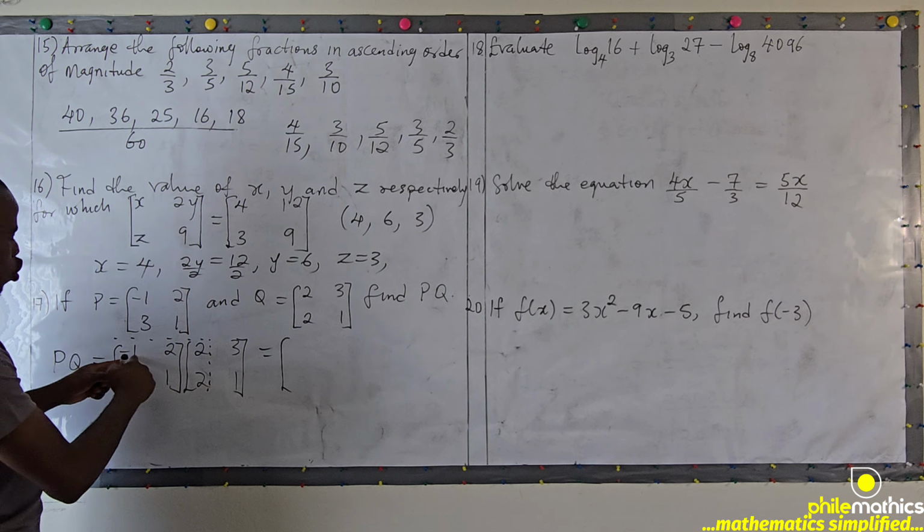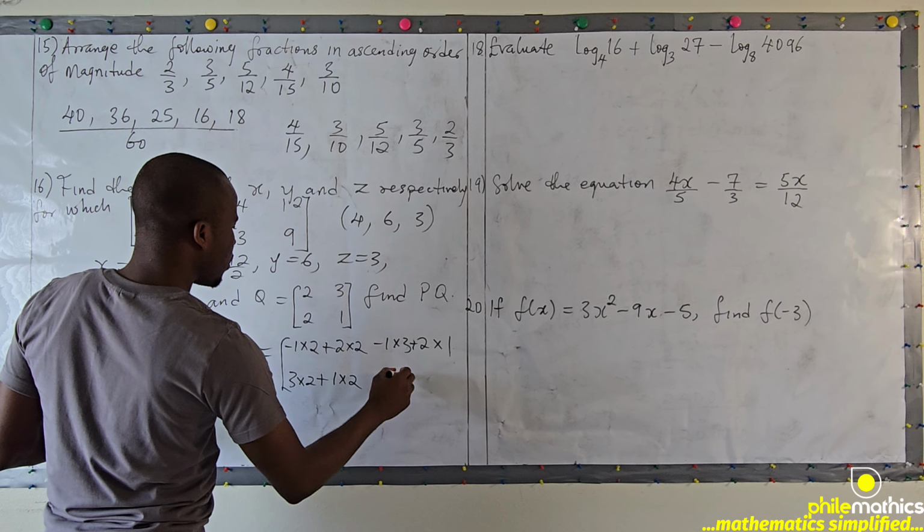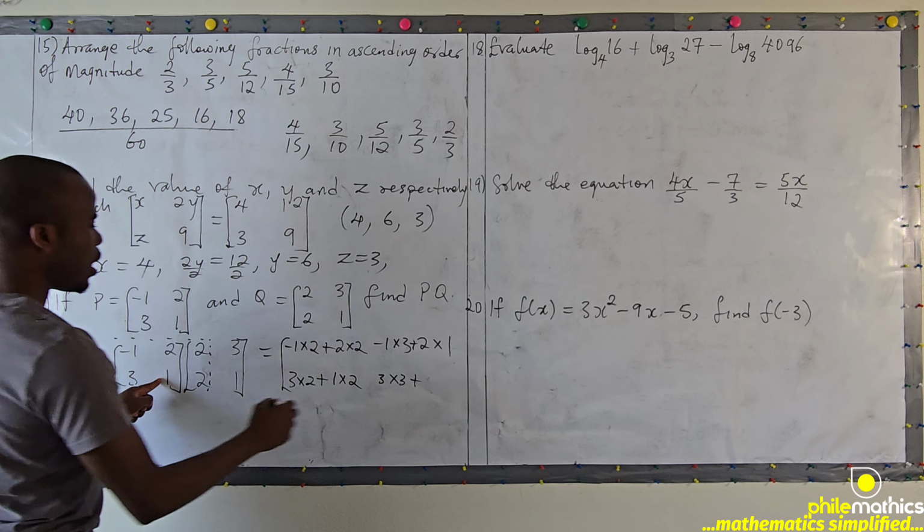For this, minus 1 times 3 plus 2 times 1. For this, 3 times 2 plus 1 times 2. For this, 3 times 3 plus 1 times 1.